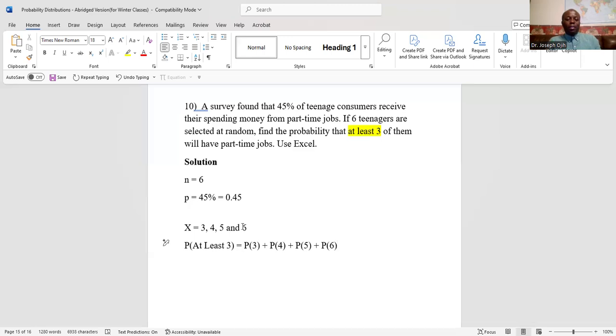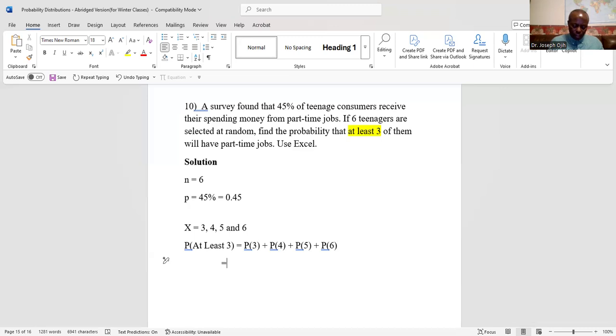See? Now we can get this outcome from Excel. Normally I get all of them, then choose at least 3 from there. So let me write down what we have.